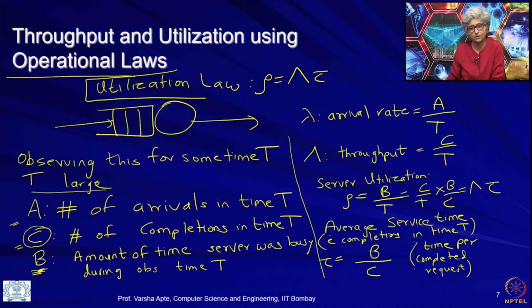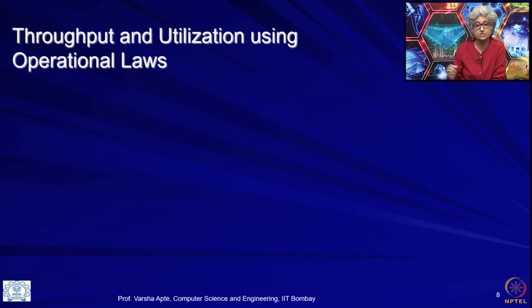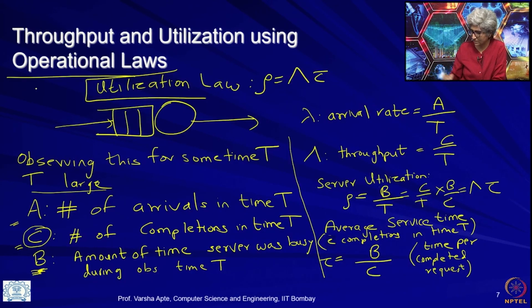Now, let us continue thinking about all this. Okay. Now, this applies with very few assumptions, whatever we wrote here; this could be basically G/G/1 is all we are assuming. Okay. And we could even have a finite buffer actually, there is nothing here that says that some of the arrivals are not dropped.